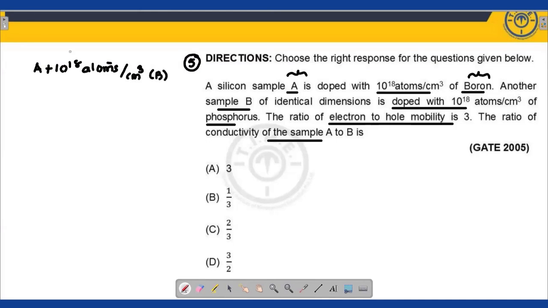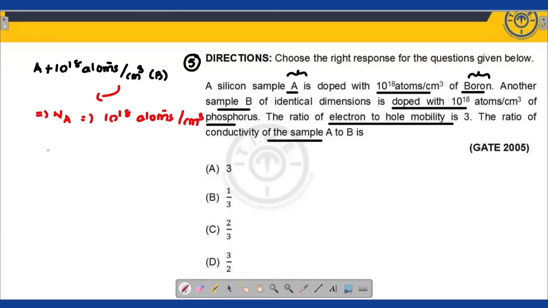Then it forms a p-type semiconductor. Then Na is equal to 10 power 18 atoms per centimeter cube.